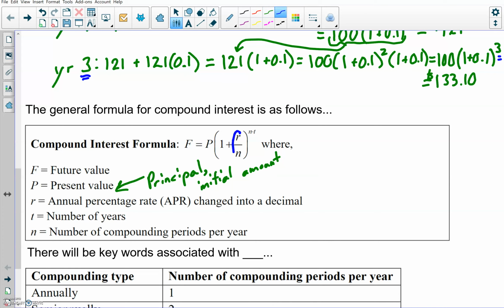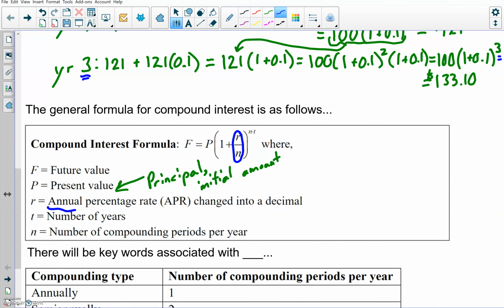So this r over n, you might be wondering why r over n. The r is still your annual percentage rate changed to a decimal. That doesn't change. The t in the power is still number of years, but this new n is the number of compounding periods per year. So you might be compounding monthly, daily, quarterly, weekly, and when you compound like that, the annual rate that they quote, let's say 10%, you're not going to get paid 10% every month.